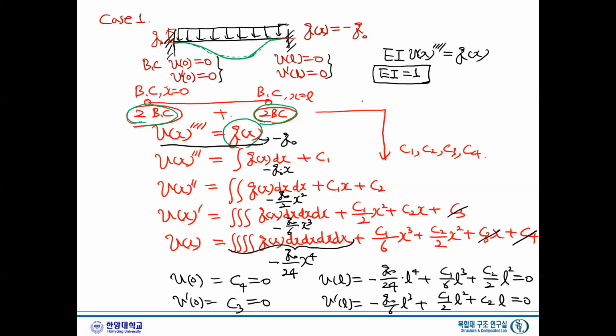So in case we have EI, all you need to do is just multiply EI here, and EI here, and EI here. So you don't have to divide by EI. It's simpler. Just leave it there, and then we integrate. Nothing will happen.